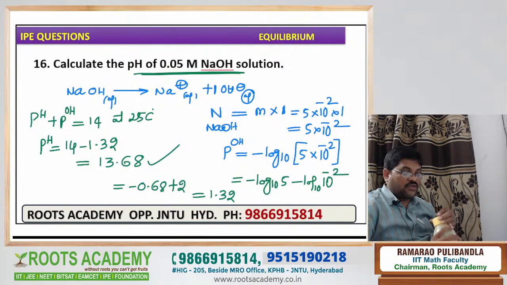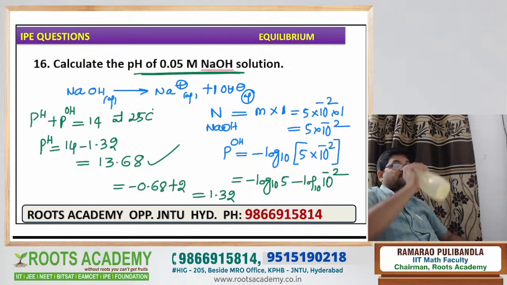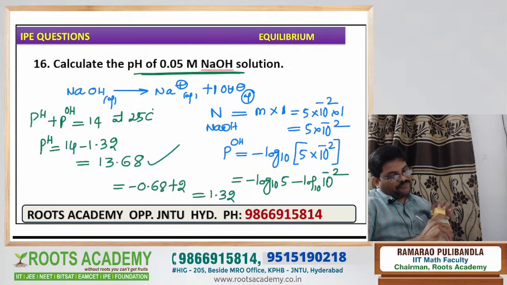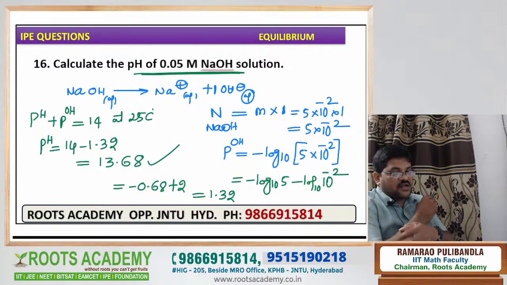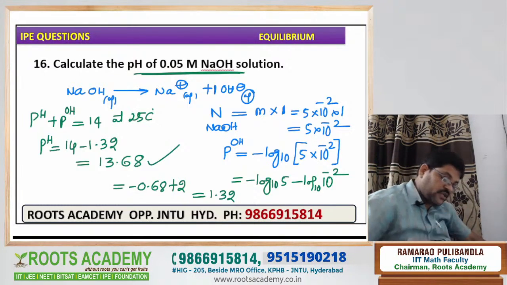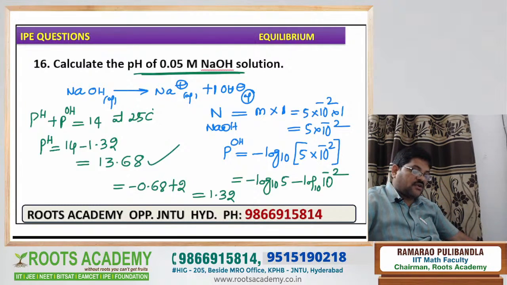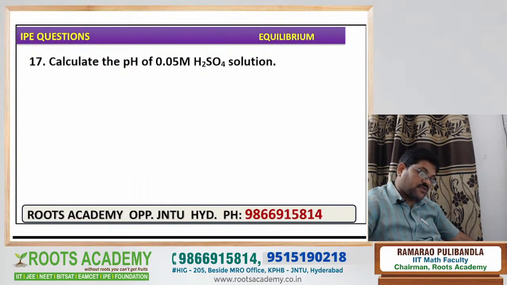So normality of NaOH is 5 into 10 power minus 2 into 1. pOH equals minus log to the base 10 of 5 into 10 power minus 2, so minus log 5, minus log 10 power minus 2. What is minus log 5? Minus 0.68, plus 2, that is 1.32, that is pOH. But you want pH. pH plus pOH equals 14 at room temperature of 25. Therefore, pH equals 13.68.